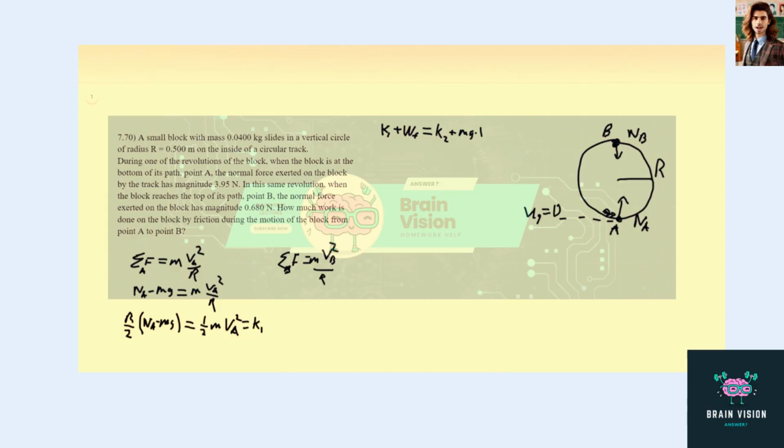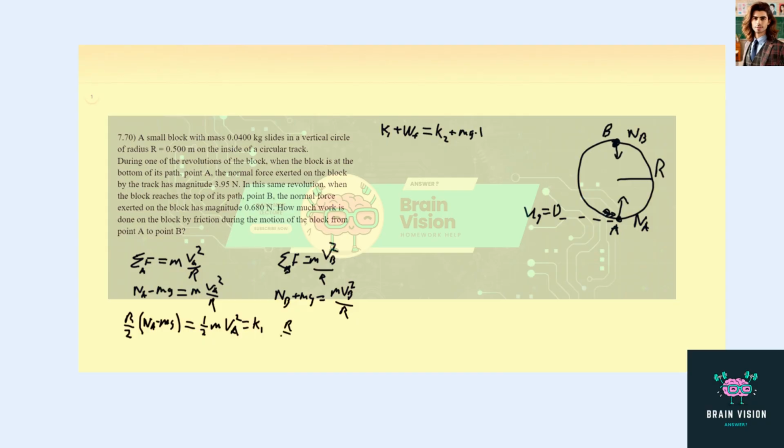So we're going to write down our sum of forces with respect to that positive direction. So we have a normal force at point B that is directed down, so that's going to be positive. And we have our gravity that's directed downward too, so we have positive mg equal to mass times velocity B squared over r.